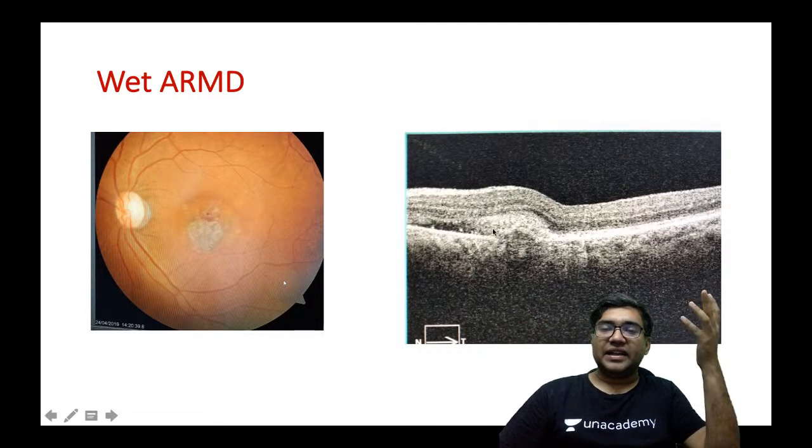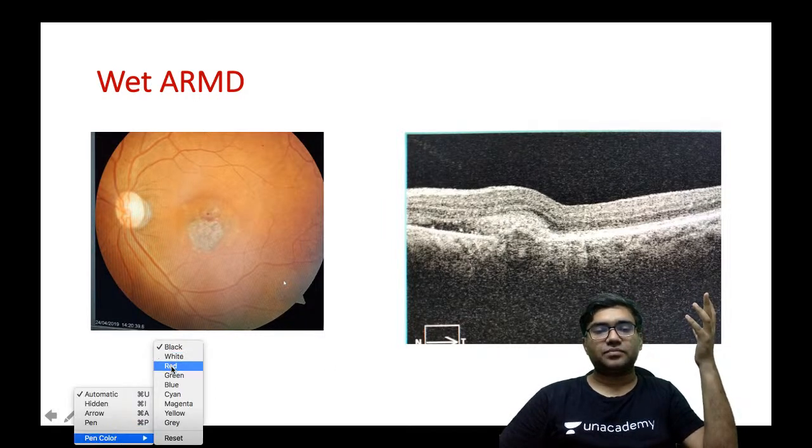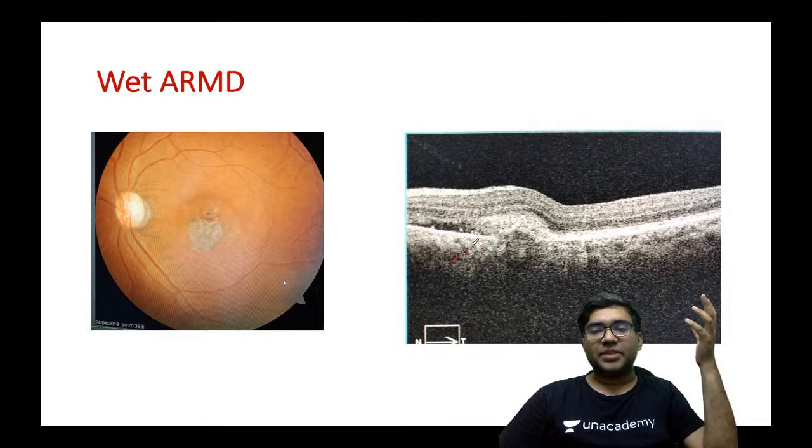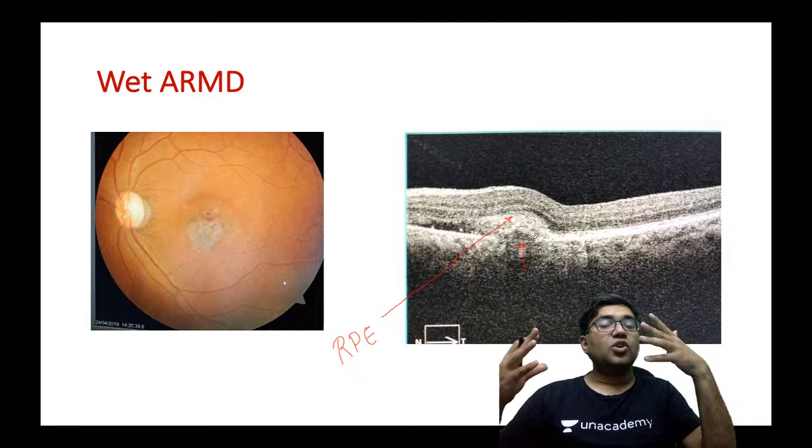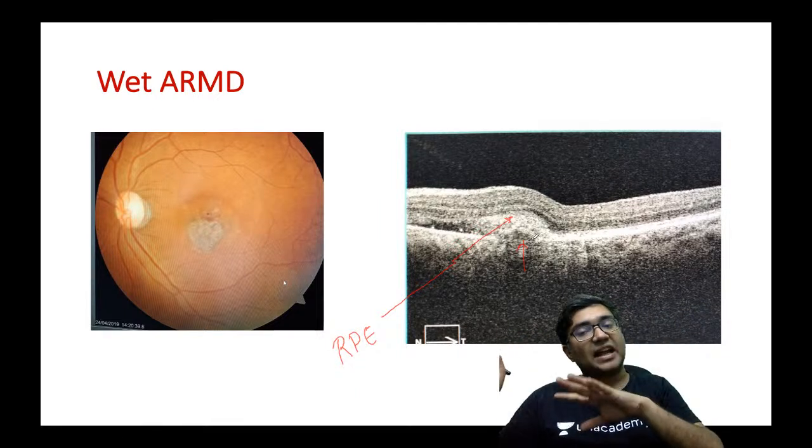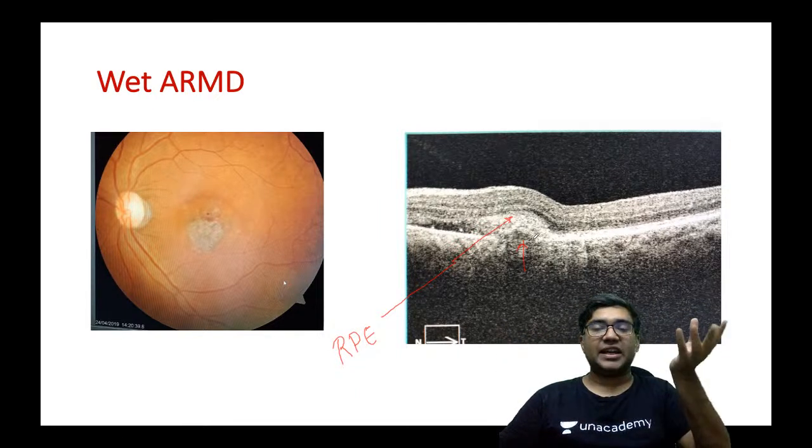And if you can appreciate here, this is your retinal pigment epithelium. Dr. Anurag, can you appreciate here? Here also it is elevated. So it is elevated both in dry ARMD and in wet ARMD.